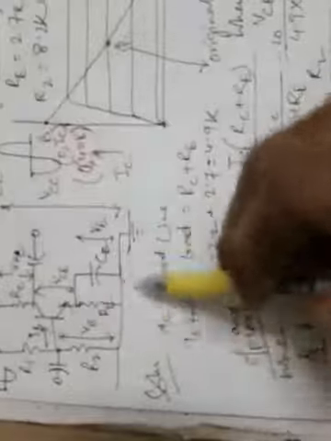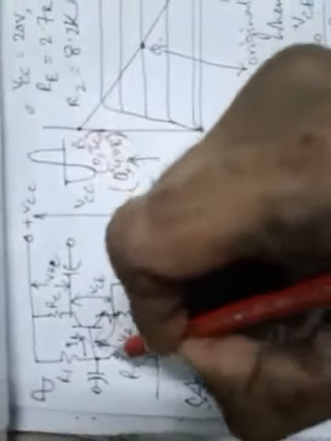And also we can write from this portion of circuit, the emitter circuit, it is IERE, the emitter part. From the emitter circuit, IERE is equal to VB minus VBE. Very simple, because inside this part, this is VB, this is VBE.